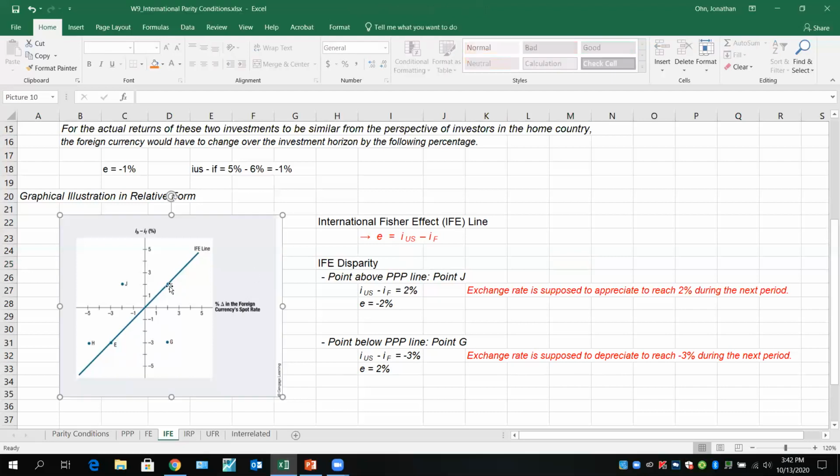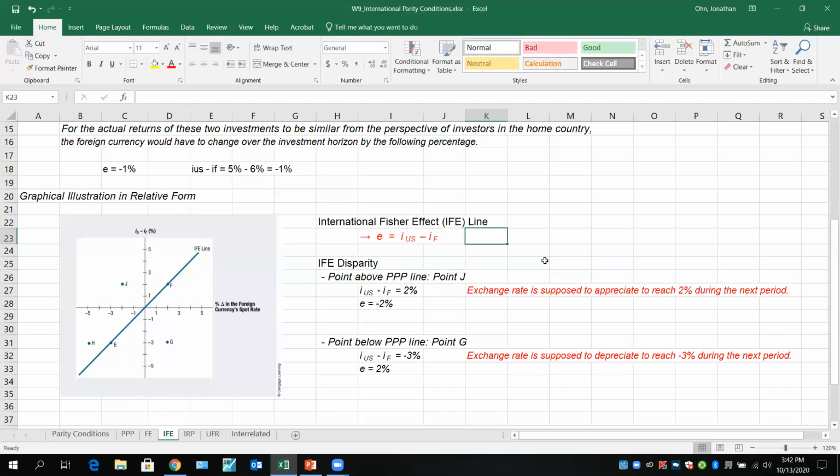Like F, if you look at F, the relative interest rate, i US minus i F, is 2%, and small e is 2%.